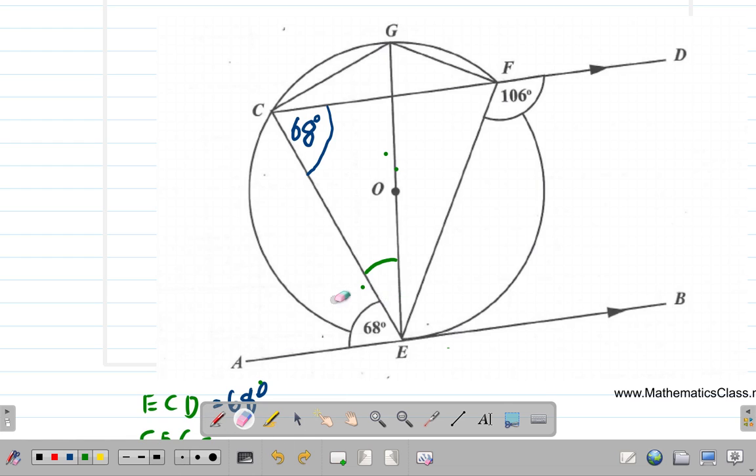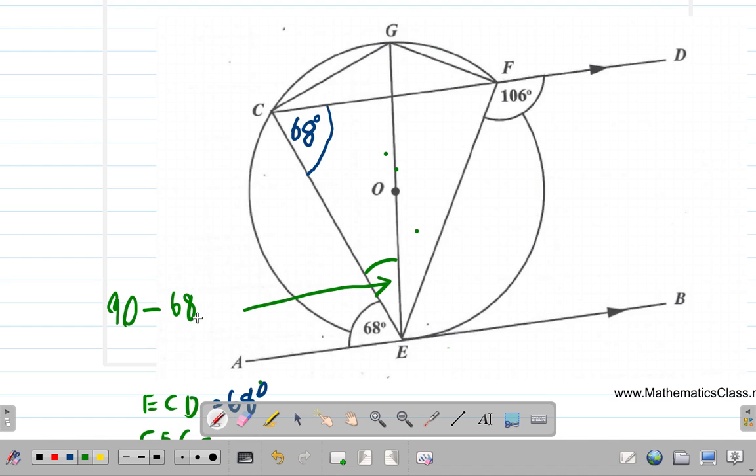Now, if you want to find this angle, it would have to be 90, all of this, minus 68, this.